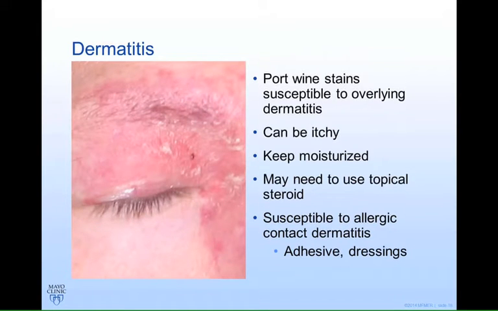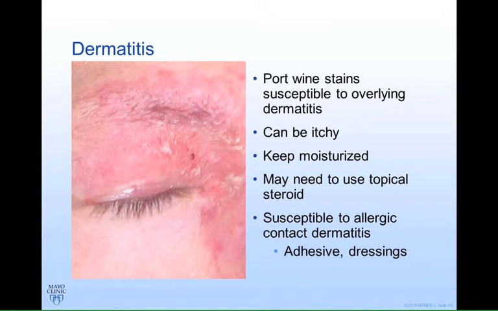So capillary malformations and port wine birthmarks are particularly susceptible to overlying dermatitis. It may be that even though there are extra capillary blood vessels there, the skin is actually in fact compromised because those are taking the space of the normal blood vessels you might want in that area. That's one theory behind it.